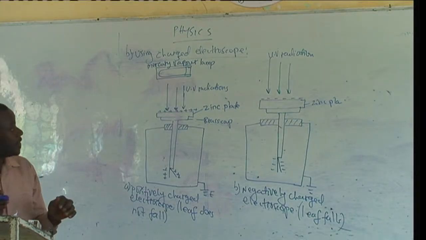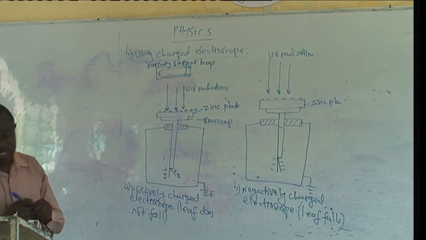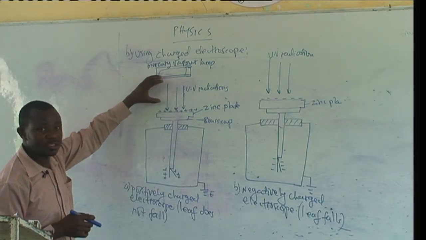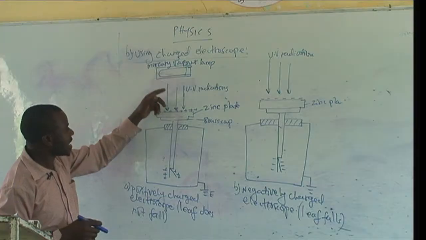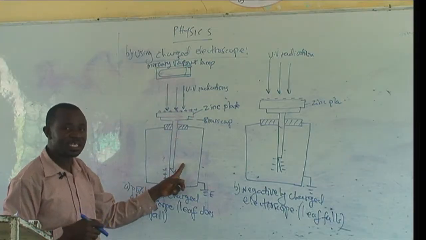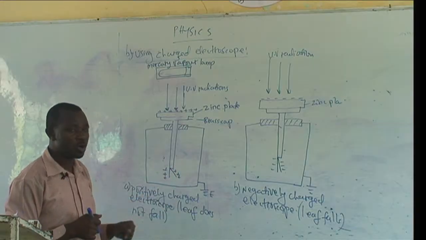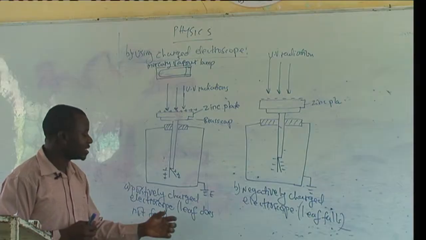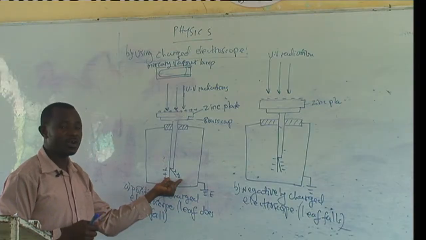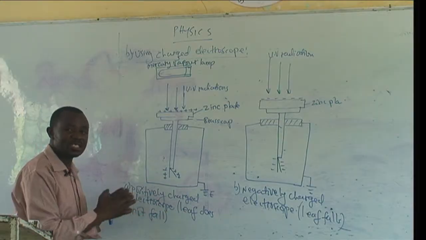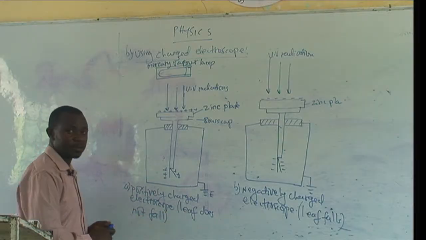Now, what we are saying here is that when this UV radiation is directed onto the zinc plate that is connected to a positively charged electroscope, the leaf divergence remains the same. It does not fall.